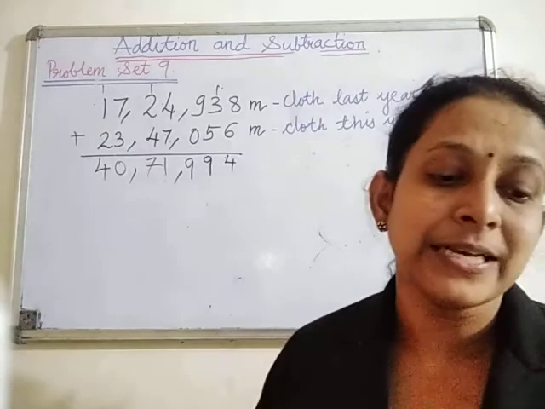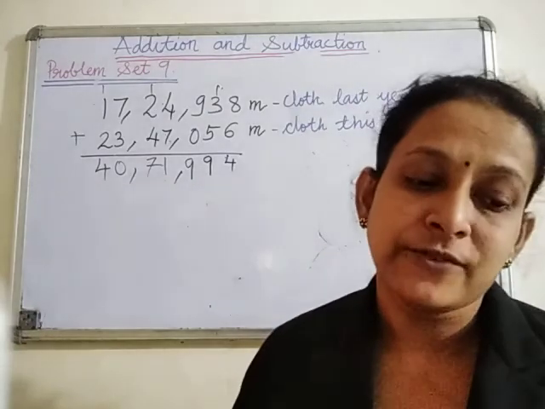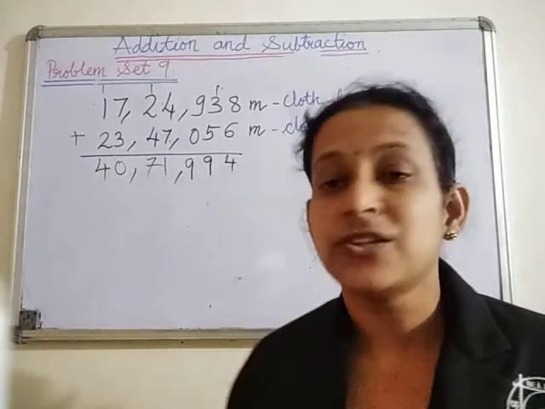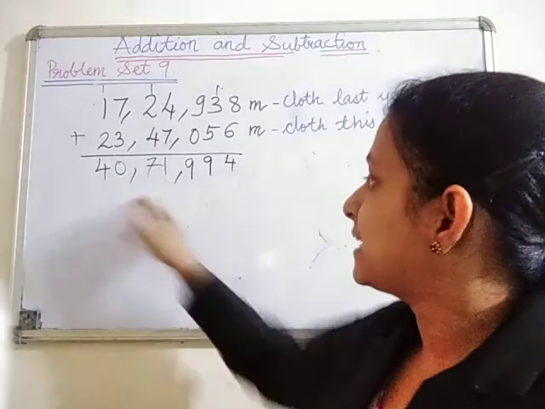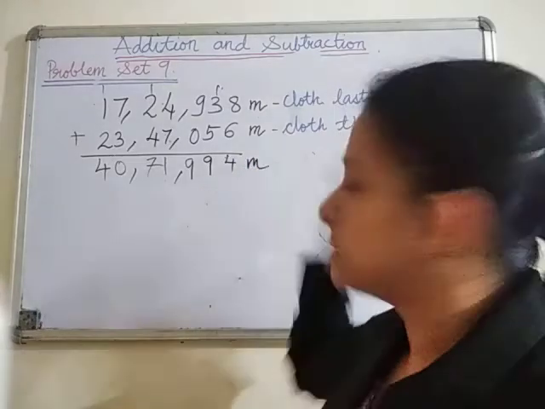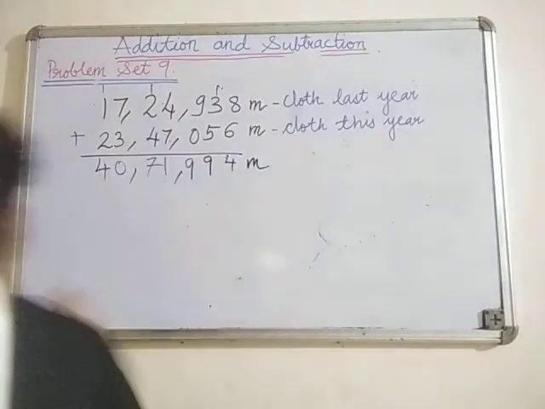So how will you write it in the form of a statement? You will have to write according to the question, how it is asked. So the total production for the 2 years was 40,71,994 meters. Okay, so what you will write?